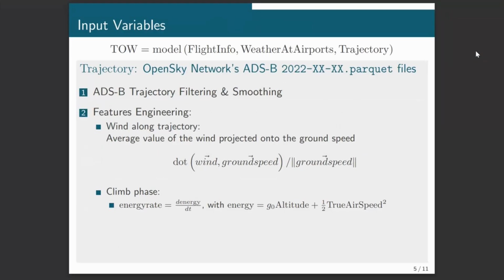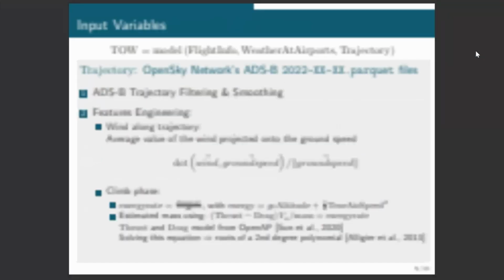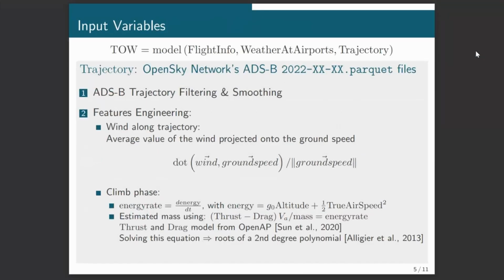Okay. So the second special feature is mass estimation, an estimated mass, using this physical equation. So what is missing is the thrust and the drag, but it's not actually missing thanks to the OpenAP physical model from Junzi. And using this equation, it's really simple to extract the mass.